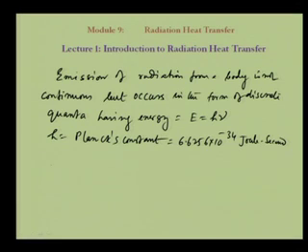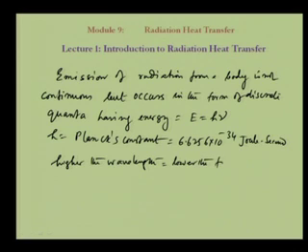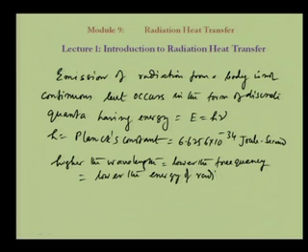So, we can say that the higher the wavelength, since frequency is inverse of wavelength, the lower the frequency, which equals the lower the energy of radiation, and vice versa.